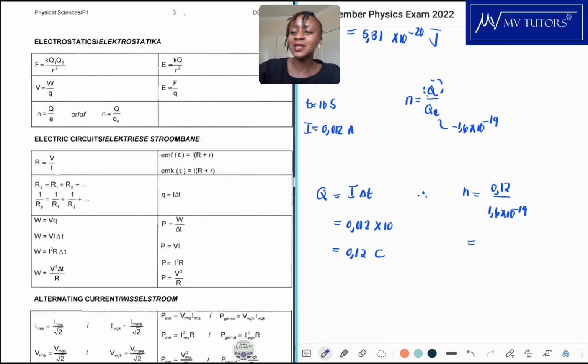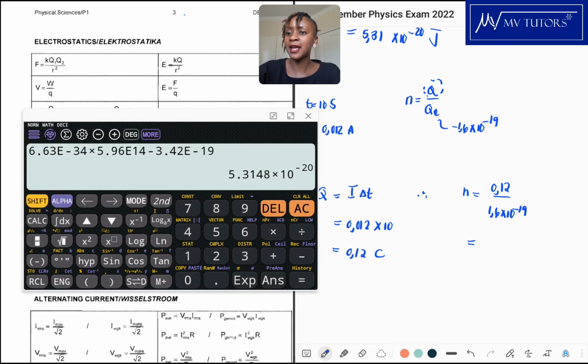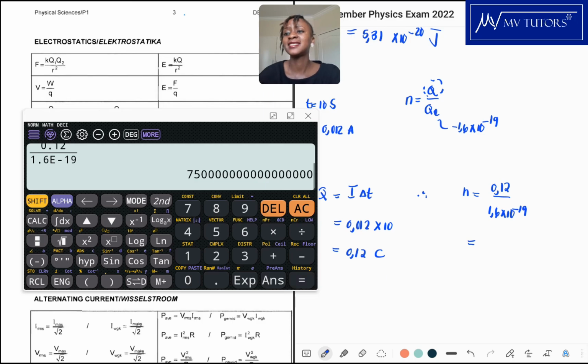You get a magnitude of something. All right, so now let's go back to the calculator, and we have 0,12 divided by 1,6 times 10 to the power negative 19. I need to set it up so that it gives me the answer in scientific notation.